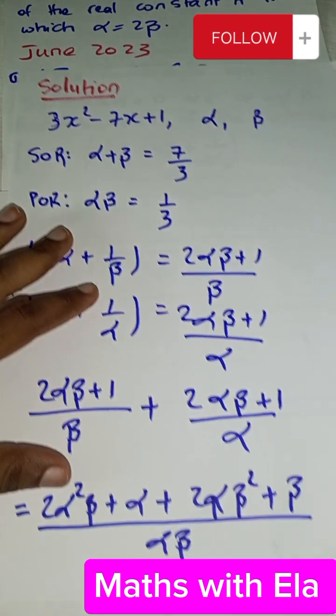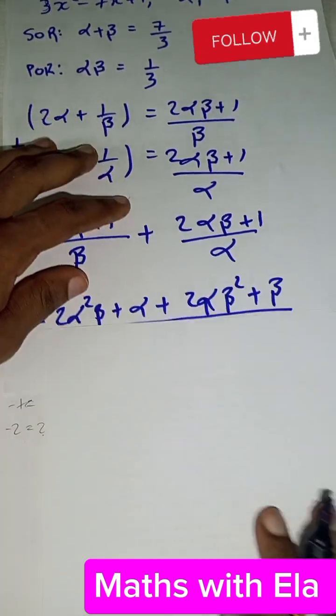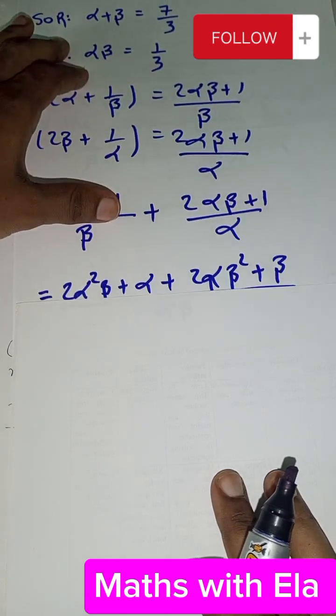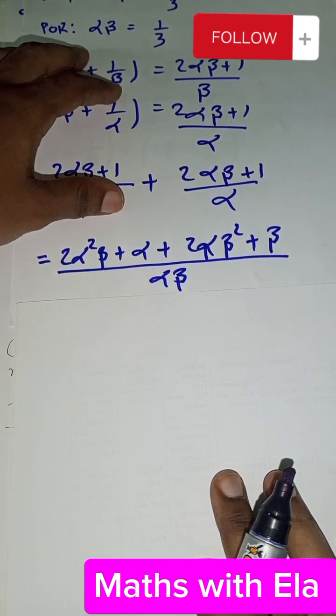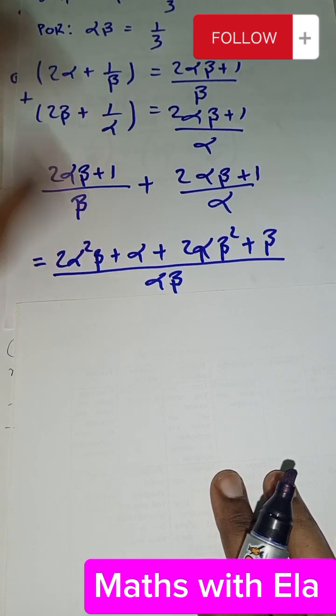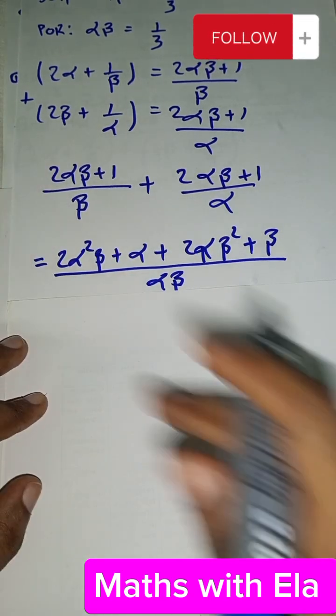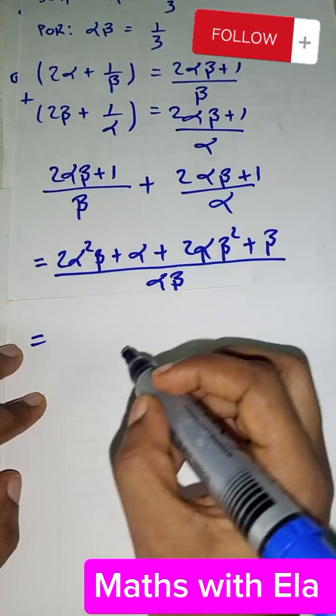Now we continue with the simplification. We are already almost there because we are beginning to see the kind of things we want to see. Remember, we want to see just alpha beta or alpha plus beta, because those are the expressions we know the value for. Now let's continue to simplify this.